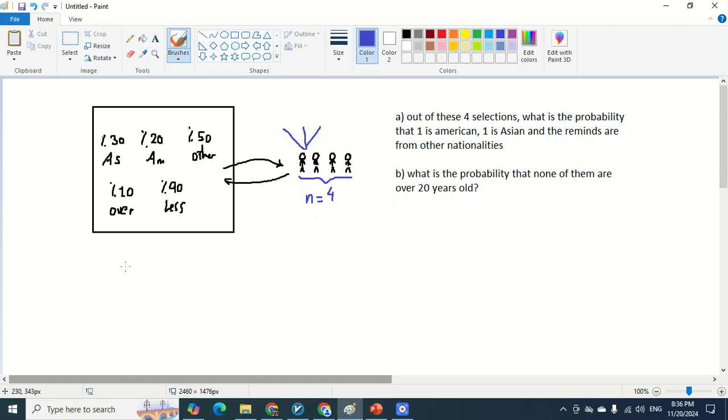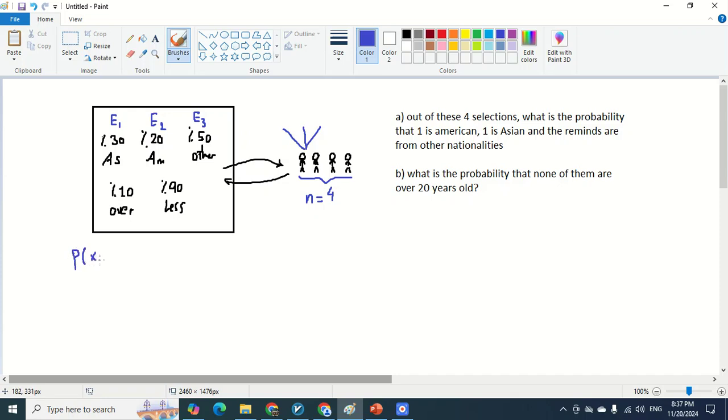So the first part of the question should be written like this: if we consider E1 as the event of being Asian, E2 the event of being American, and E3 being from other nationalities, with the corresponding probabilities denoted by P1, P2, P3 respectively, then the probability in the first part can be demonstrated as follows.